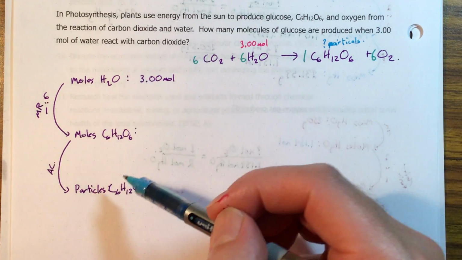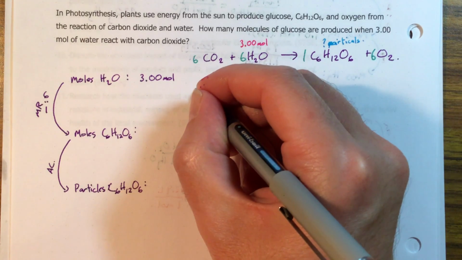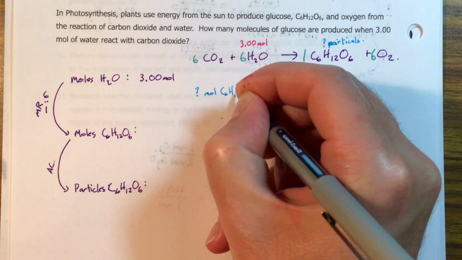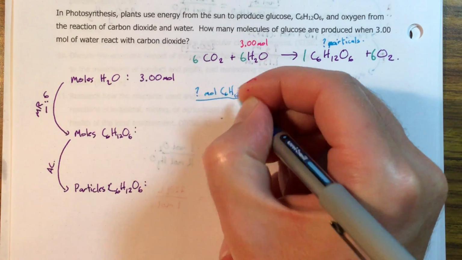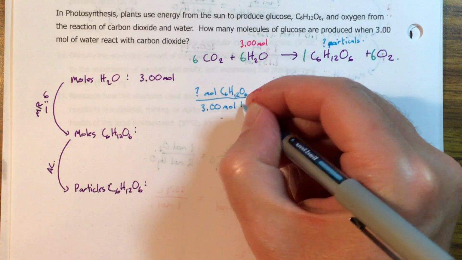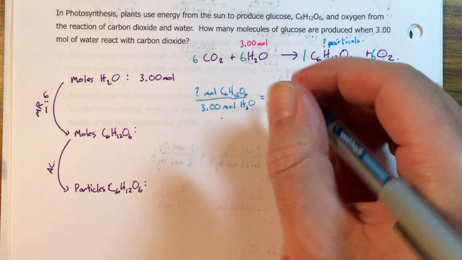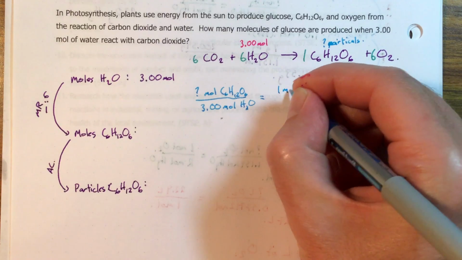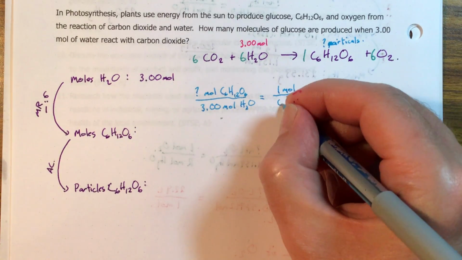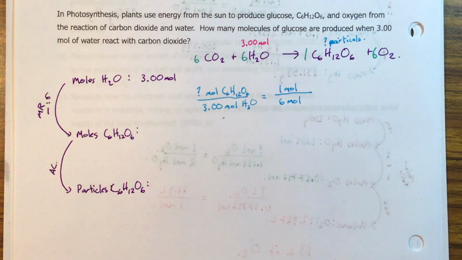Right, so I'm going to do my first step here. So I write down how many moles of C6H12O6 are there for every 3 moles of H2O if there's 1 mole of C6H12O6 for every 6 moles of water.